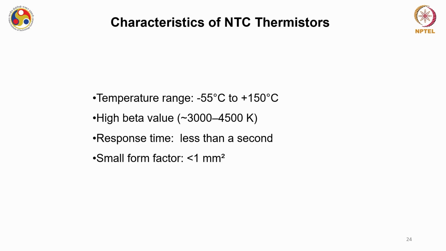Therefore silicon NTCs are also very popular, and they can even have a smaller form factor as compared to ceramic NTC thermistors. Although ceramic NTC thermistors are very small, with a form factor of around 1 millimeter square, silicon based NTC thermistors may have an even smaller form factor than 1 millimeter square.